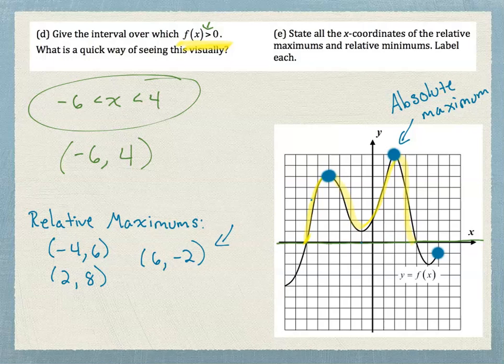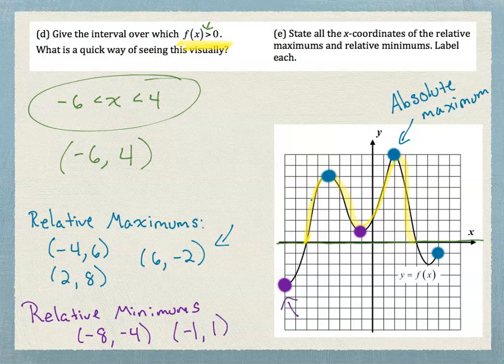The relative minimums are the lowest points around. So this guy and this guy are my relative minimums. Those 2 points are (-8, -4) and (-1, 1). Both of those are relative minimums.